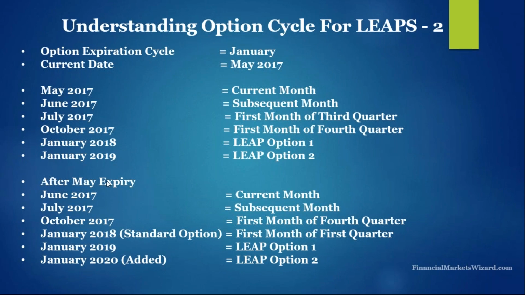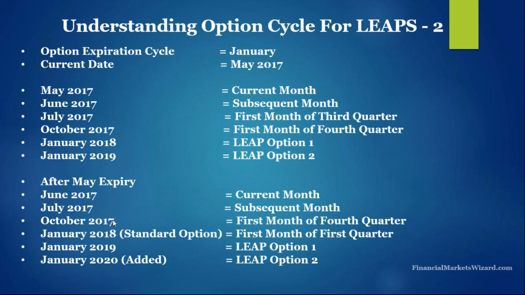So in other words, when the month of May expires, June, which was the subsequent month, becomes the current month. July, which was the first month, becomes the subsequent month. October remains the same. It's still the first month of fourth quarter, still the first month of the option cycle.